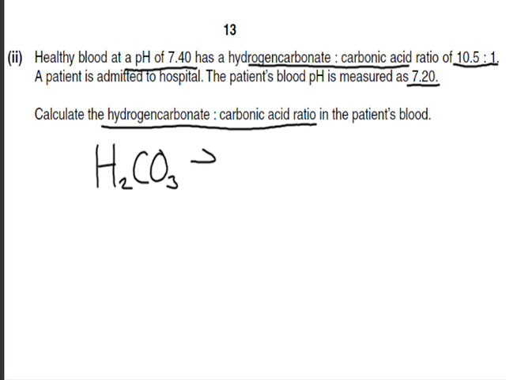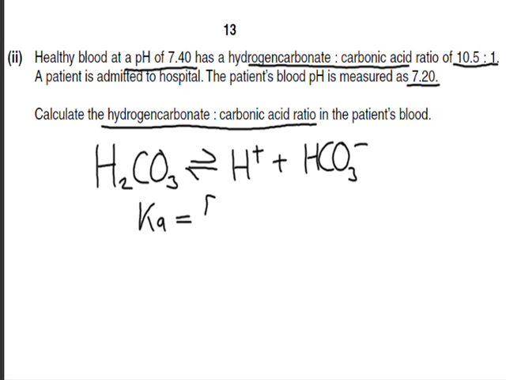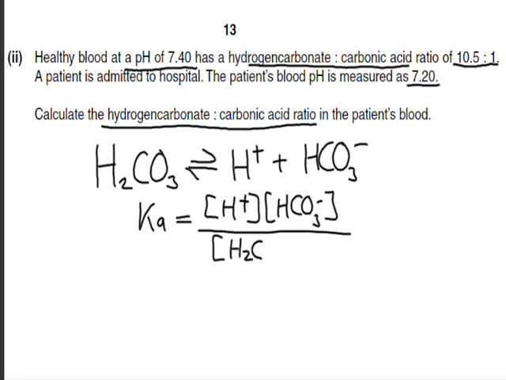It only dissociates one H+, and you leave behind the hydrogen carbonate anion, HCO3 1-. Therefore Ka is equal to the concentration of H+ times the concentration of HCO3 1- divided by the concentration of carbonic acid.